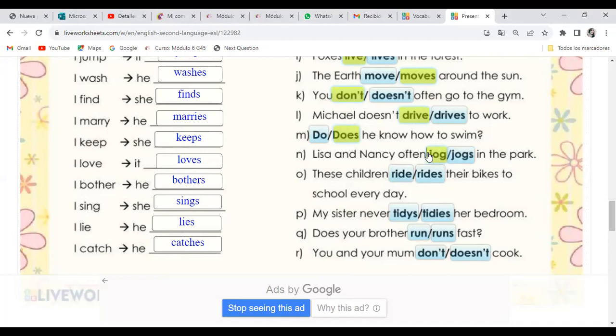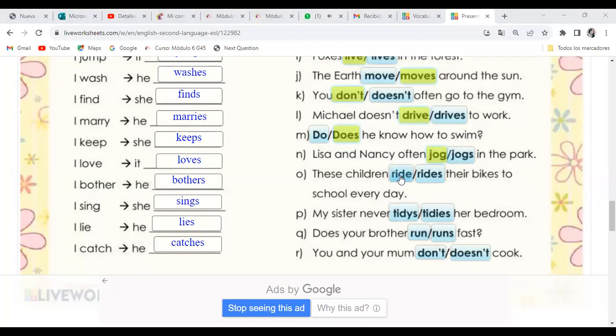Now, these children ride or these children rides their bikes to school every day. Aquí estamos hablando de los niños, también es plural. Por lo tanto, decimos, who would like to help me with letter O? These children ride or these children rides? Volunteers? Ride.